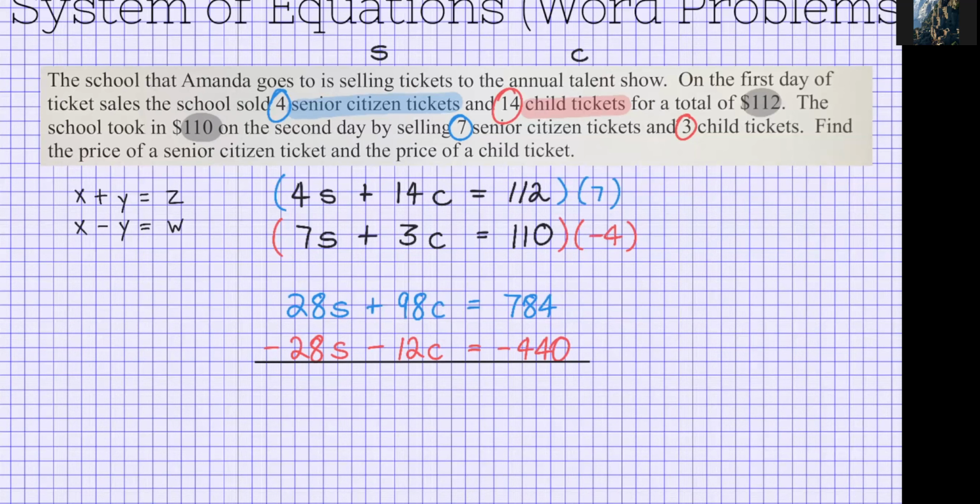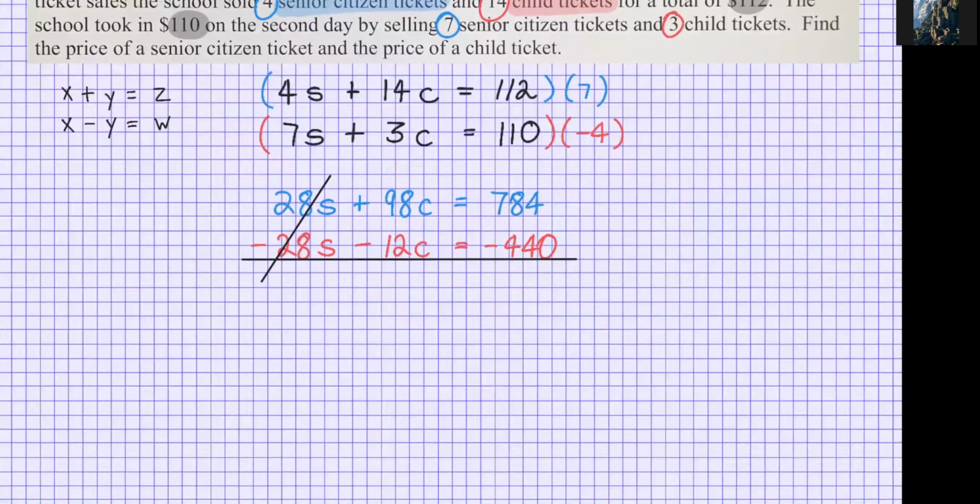And by doing this, you can see that the 28S will get canceled. And now it's just a matter of having 98 minus 12, which is 86C, and this equals 344. The 86 is multiplying, so it will go to the other side dividing.